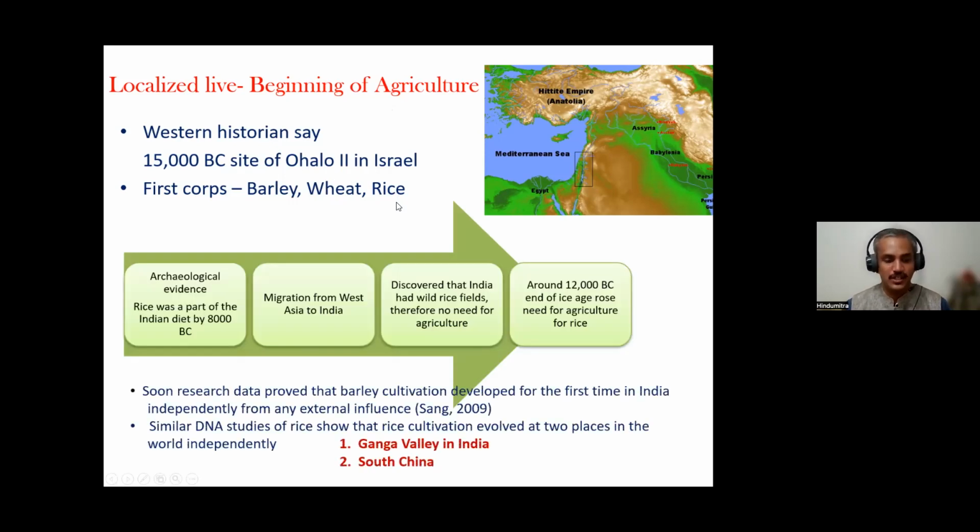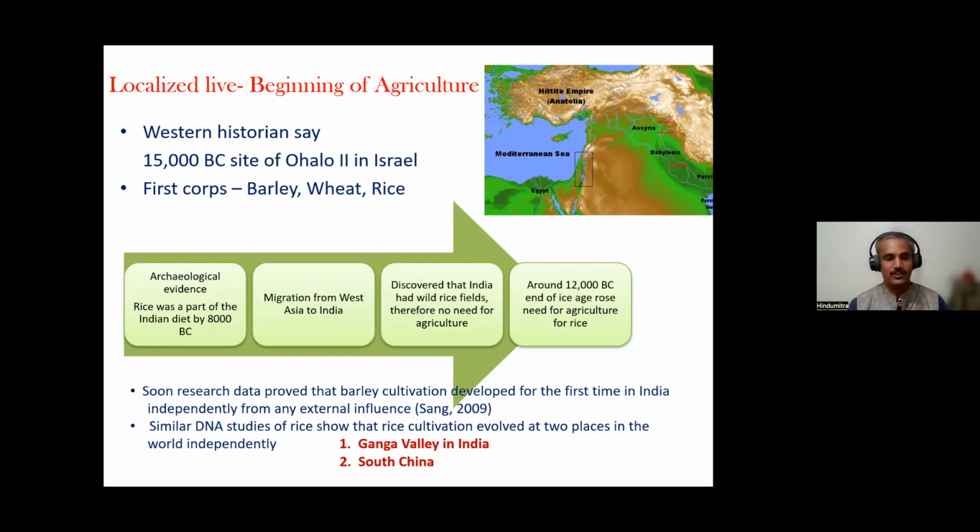Which contradicts what we have found scientifically now. The archaeological evidence shows that rice was already a part of the Indian diet by 8000 BC. So the notion that migration from West Asia to India occurred is false.